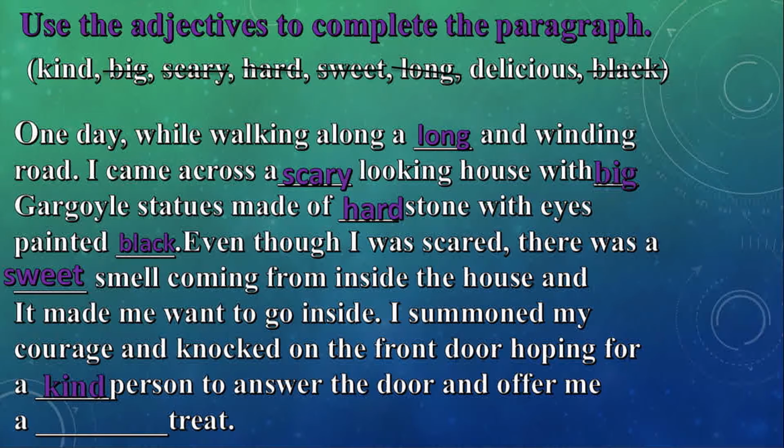And I'm not sure if you would have heard it before. If you are confident in the answers that you have given up until this point and there's only one remaining, then the last answer is generally obvious. So we have person to answer the door and offer me a delicious treat. So we have used every word, we have completed this particular paragraph, we have utilized the adjectives that we were given.